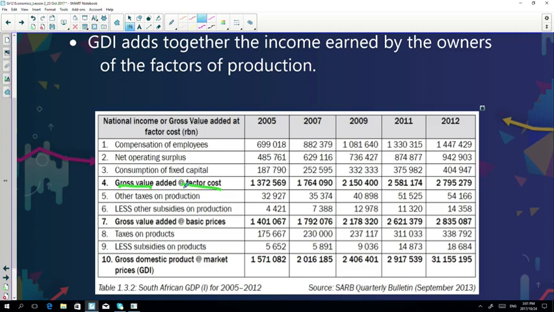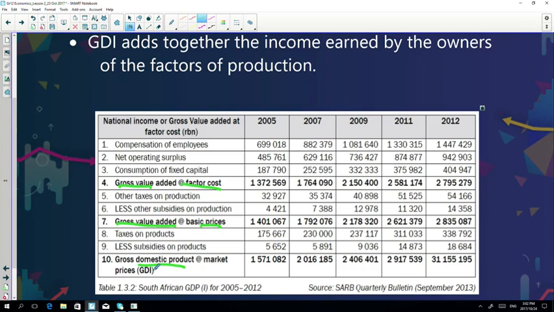Then other taxes on production, less other subsidies on production, and that gives us our gross value added at basic prices. Then taxes on products, less subsidies on products, and that gives us our gross domestic product at market prices.